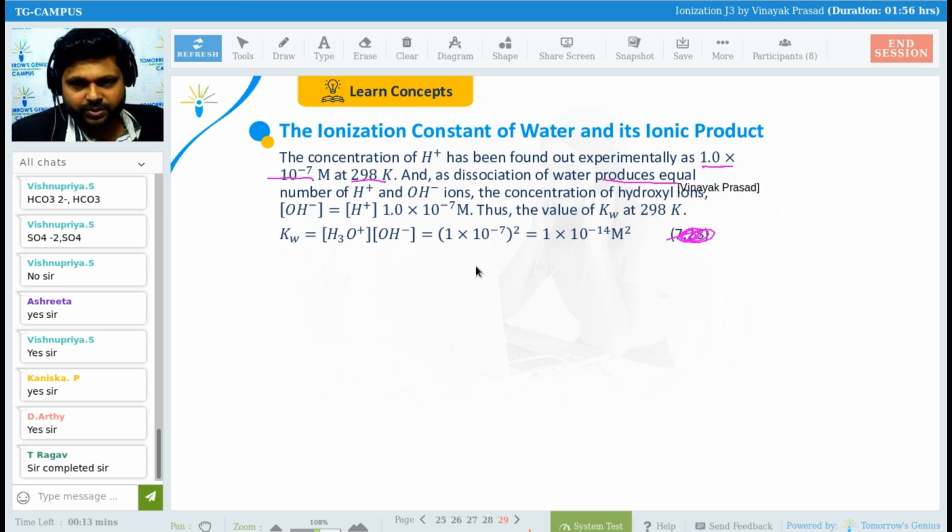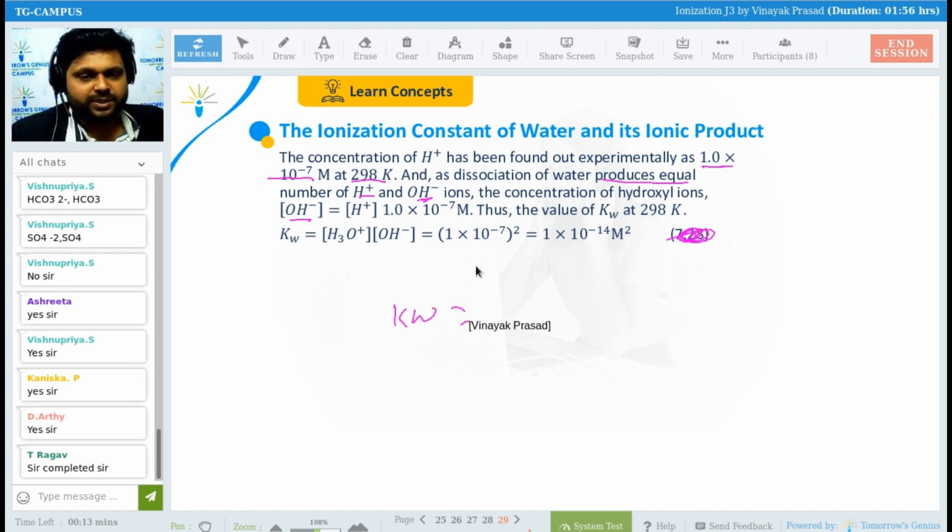Dissociation of water produces an equal number of H plus and OH minus ions. Then the concentration of hydroxyl ion OH minus is the same as H plus, 1 into 10 to the power minus 7 M.